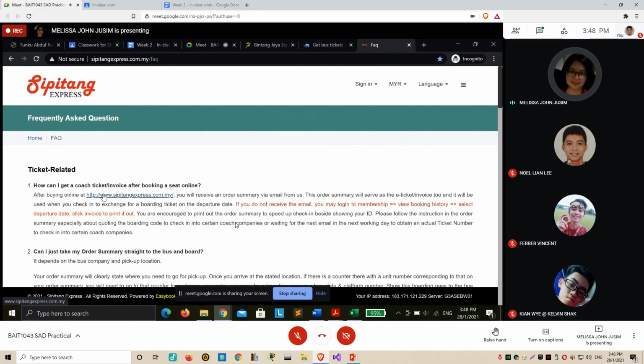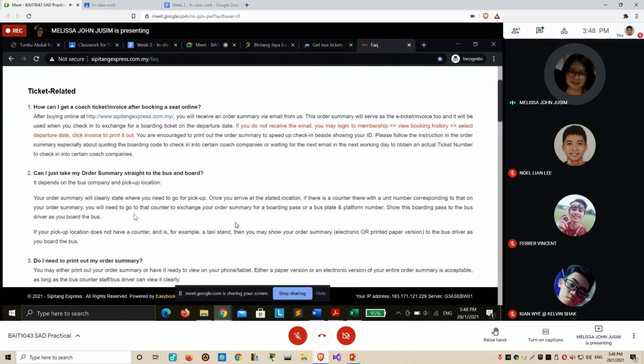So for anything ticket-related in the FAQ, if you remember your business rules for your database management assignment, I believe you needed to come up with business rules, right? I hope you can make use of what you already have.